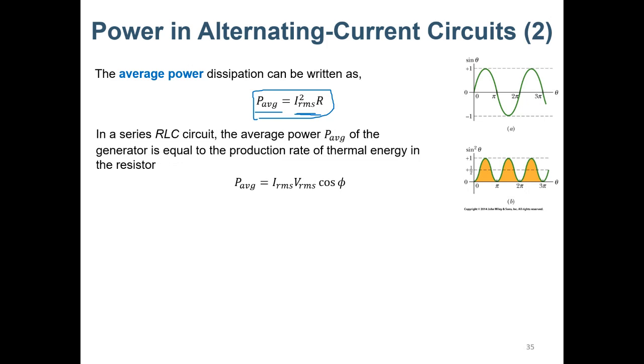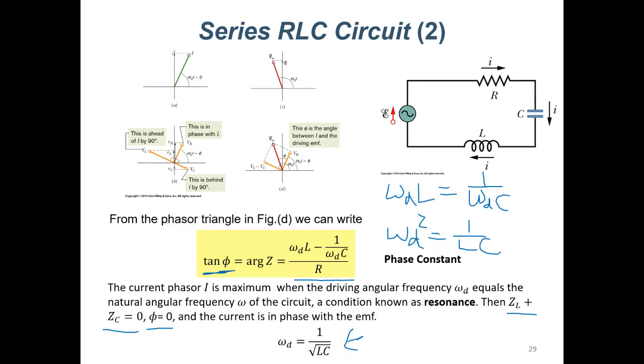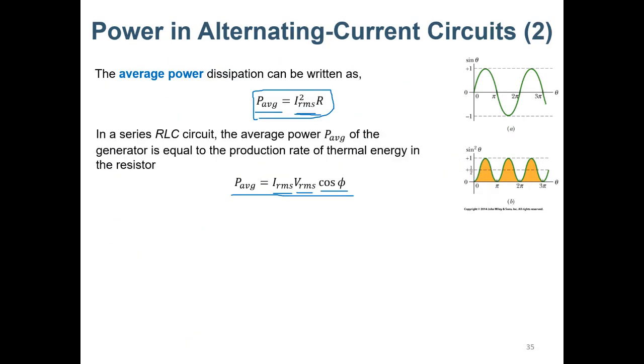So generally, for an RLC circuit, the average power is something like this. P average will be I RMS times V RMS times cosine phi. Phi is still this one, so it's still related to the impedance, because you can consider it like this.